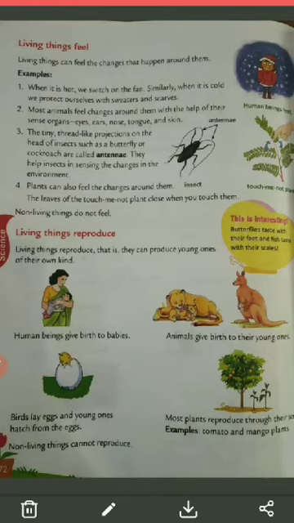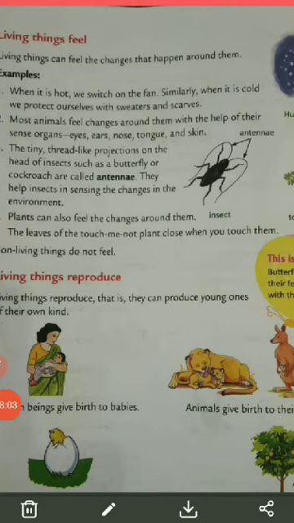The next feature of living things is that living things feel. Students, living things can feel the changes around them. Do you feel the changes around yourself? Yes. When it is hot, you switch on the fan. And when it is cold, we put on a sweater, so we can feel the changes around us.